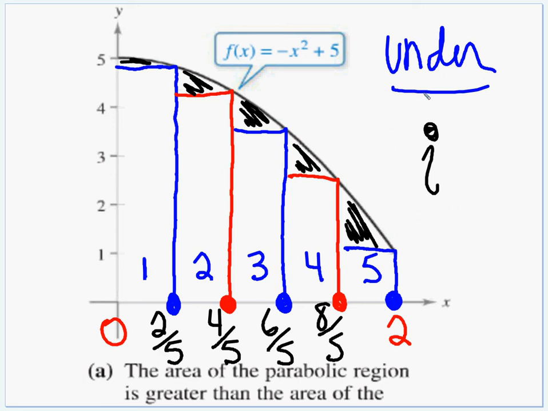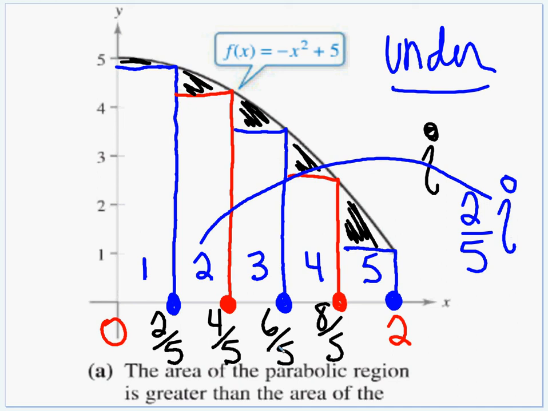The first thing I'm going to check is to take that rectangle base, 2/5, and multiply it by I. If I put in 1, I get 1 times 2/5, or 2/5. If I put 2 in for I, 2/5 times 2 is 4/5. If 3 goes in for I, 2/5 times 3 is 6/5. So this is our right endpoint formula.